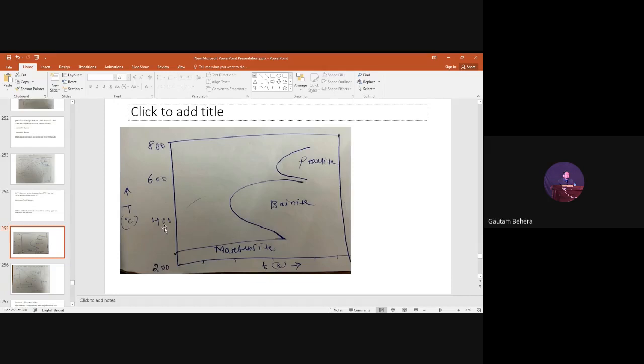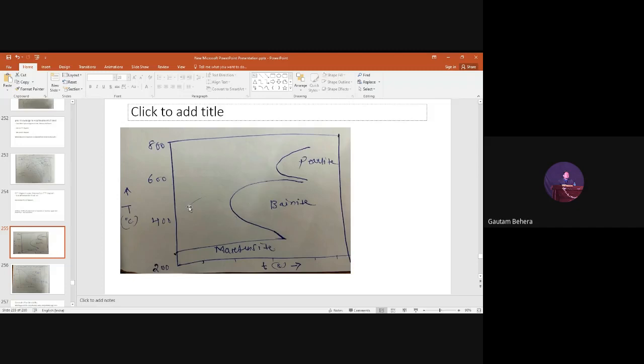So this kind of diagram is possible when we have alloying elements. We have a pearlitic bay, we have a bainitic bay, and right below this we have martensite only. So this diagram is possible when we are dealing with alloy steels.